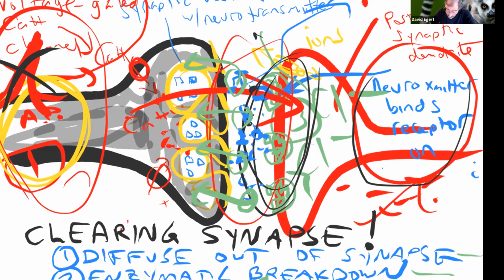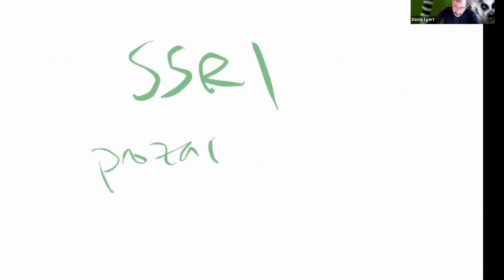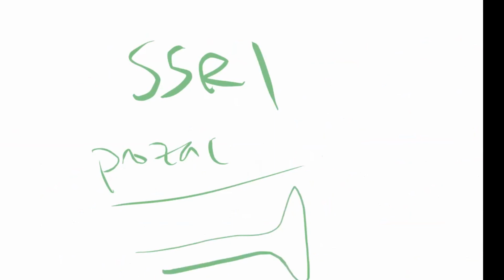This is another part of the synapse that's targeted with a lot of drugs, like SSRIs, like Prozac, fluoxetine. What is an SSRI? Serotonin reuptake inhibitor.